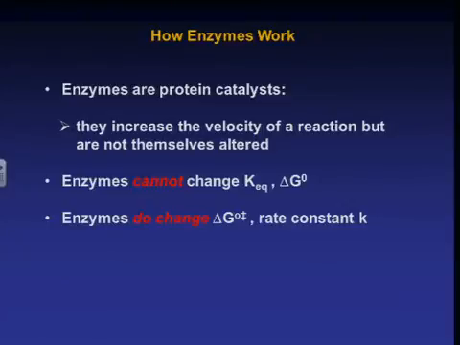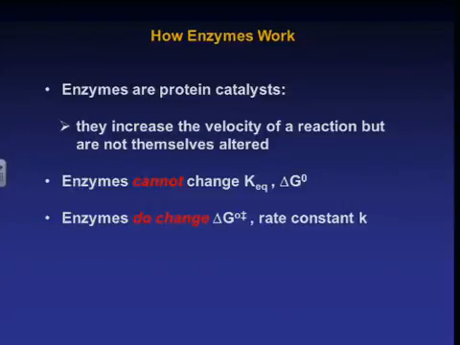So what that tells you is whatever the structure is of the catalyst, and this is going to be especially true for enzymes, when we say they are not themselves altered, that doesn't mean that they don't undergo alterations during the process. What it means is when the process is over, it has to be back in the state it was at the beginning. If not, it's not going to be chemically or structurally suited to start another round of reaction.